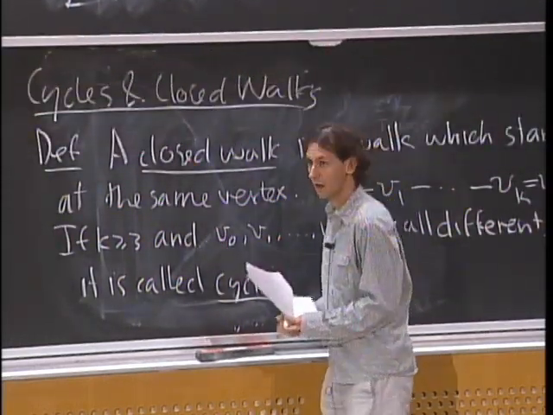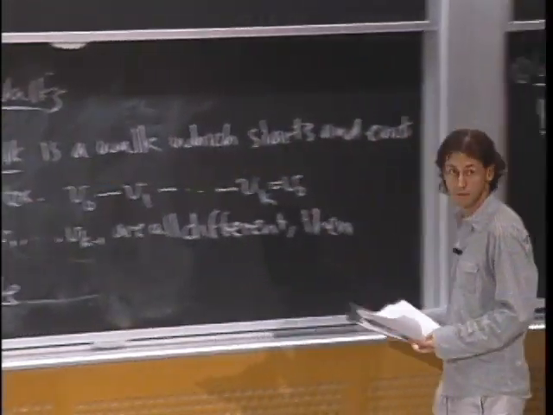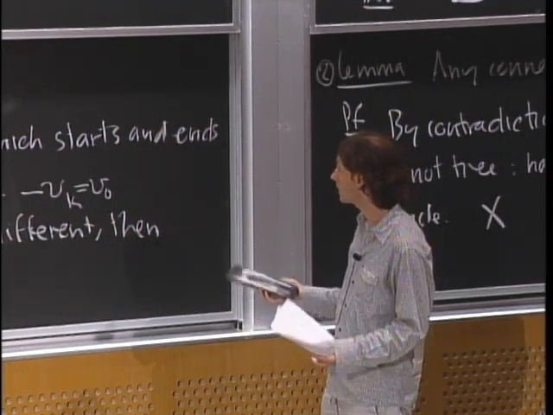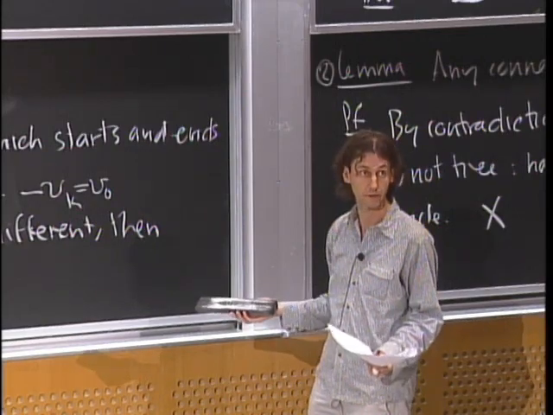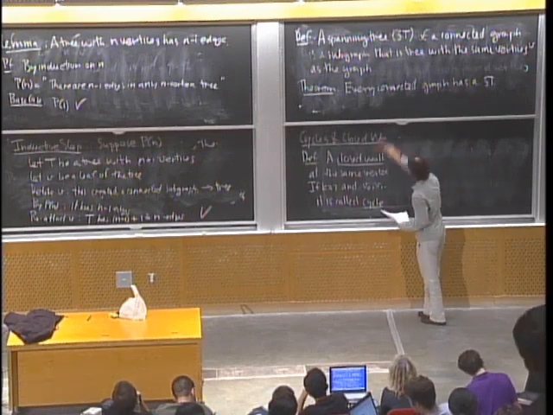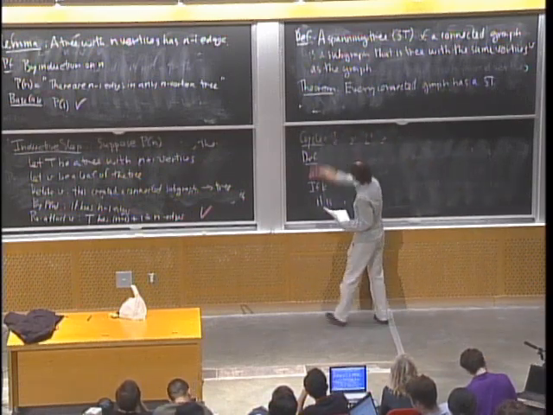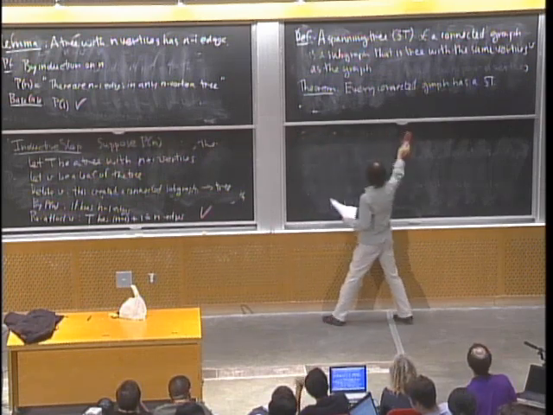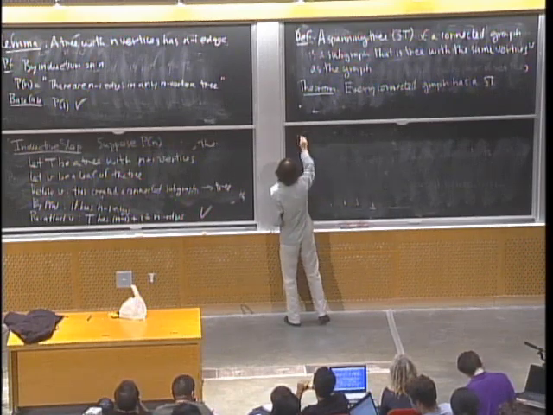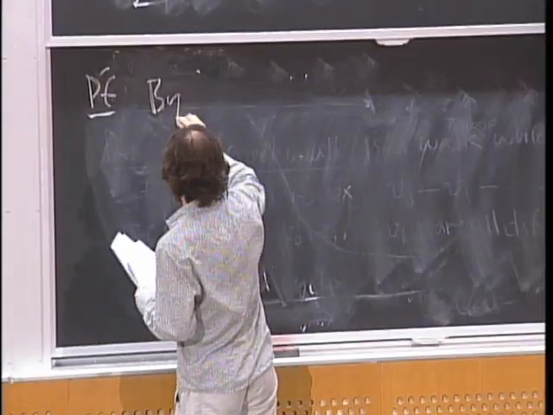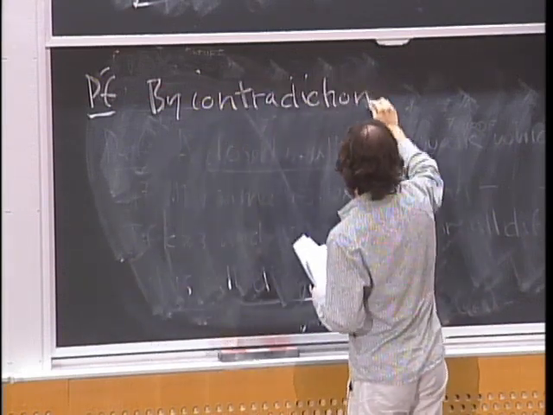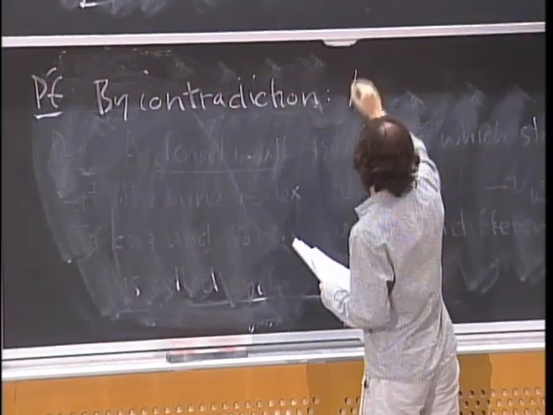So, for example, we may start with the idea to use contradiction. Suppose there exists a connected graph that has no spanning tree. So how would we go ahead? How can we prove that we have a contradiction here? So the proof that we're going to propose here is by contradiction, and that means that we're going to assume the opposite.